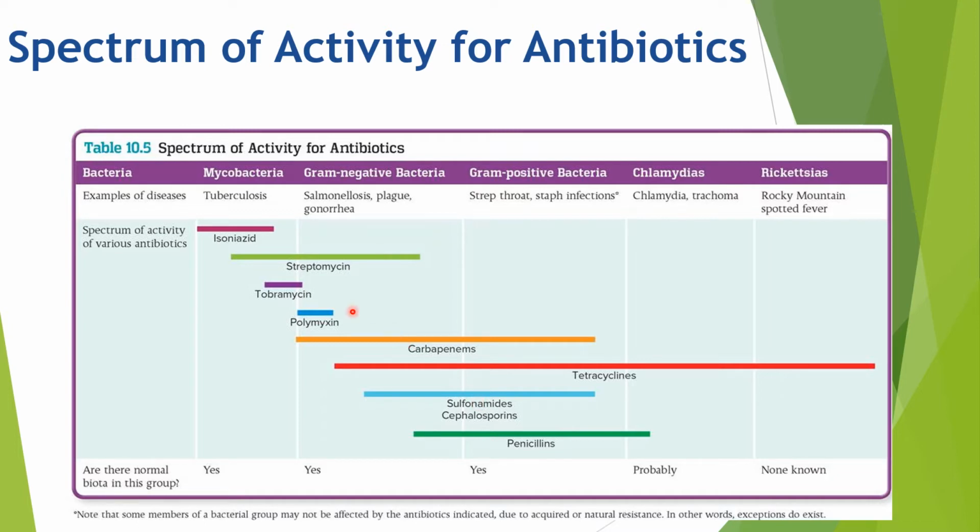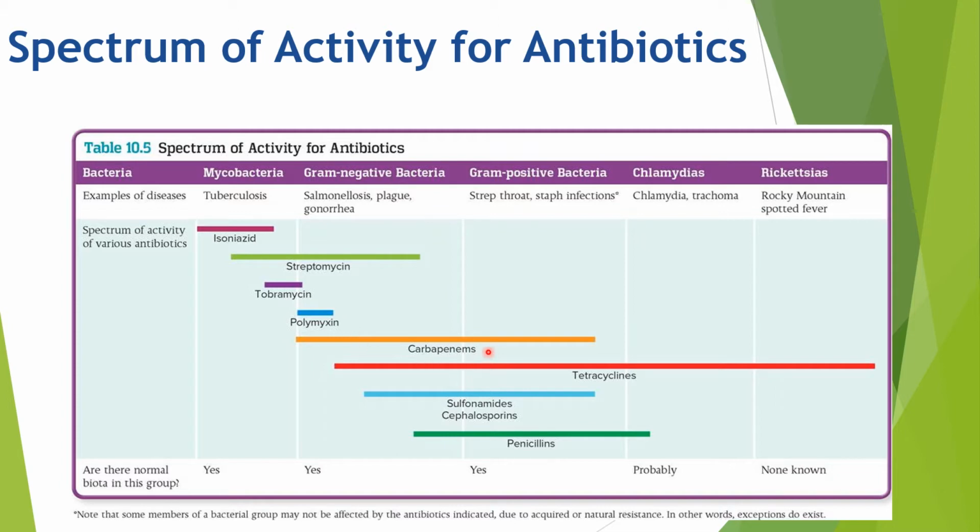So polymyxin is an antibiotic that's going to target the plasma membrane of the bacteria. And you can see that polymyxin is a narrow spectrum antibiotic. It targets mostly the gram-negative bacteria, for example, Pseudomonas aeruginosa, and they usually prescribe it when individuals have UTI infections.